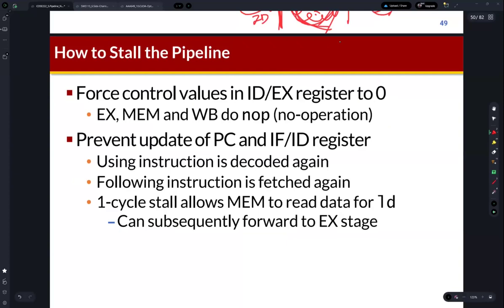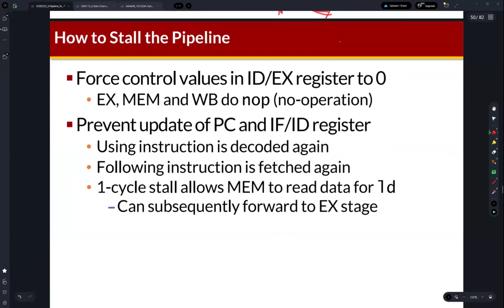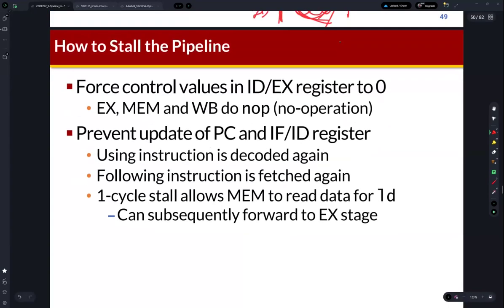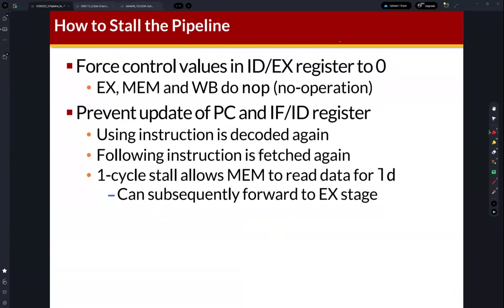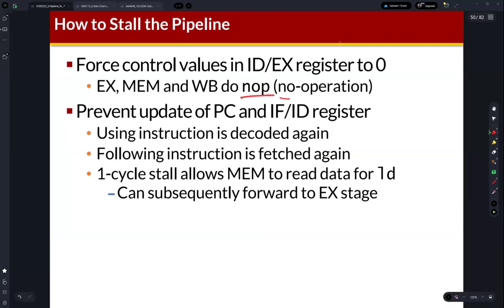So how can you stall the pipeline? Firstly, the instruction stays in the ID stage, and we just make a bubble. A bubble is also called a NOP, which represents no operation, right? So it means this instruction does nothing, and we make all control signals zeros.